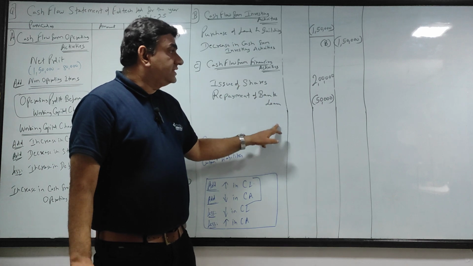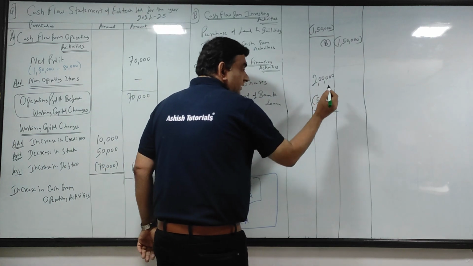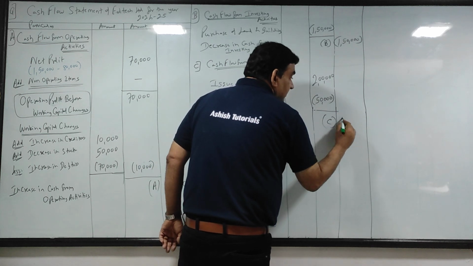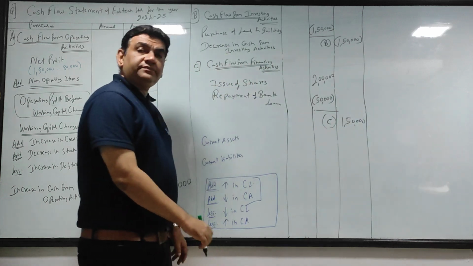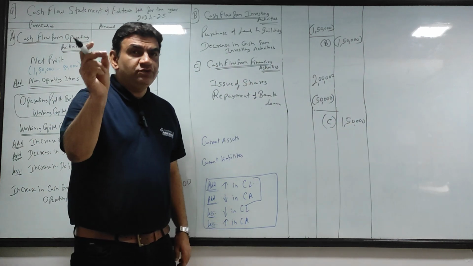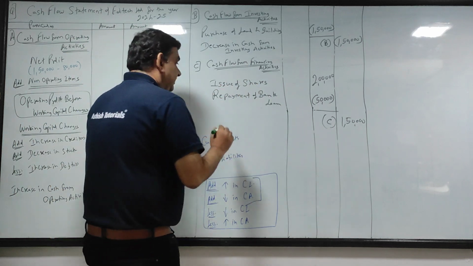Now let's take financing. There are two items. 2 lakh positive, 50 negative. Next line में call it as C, positive 150. Getting it? बोलो क्या करोगे? Positive है, इसके लिए I'll use the word increase. And what is C? Financing activities.